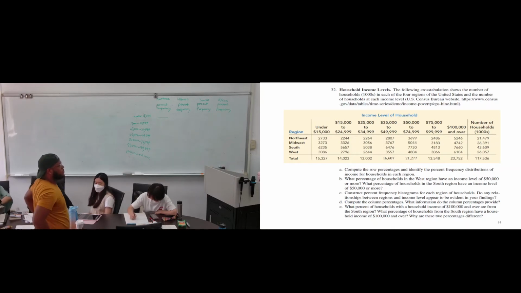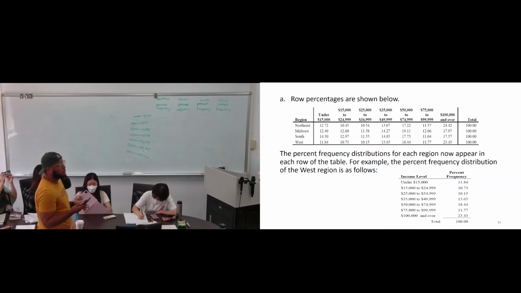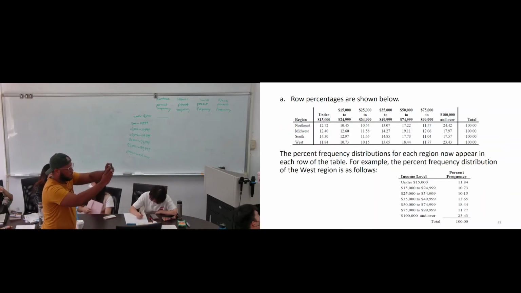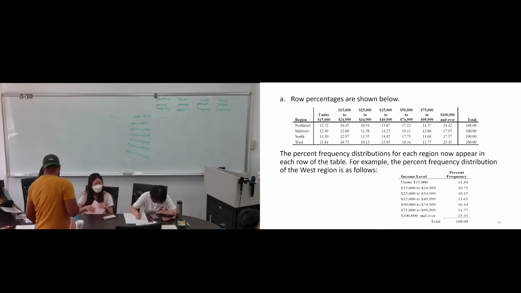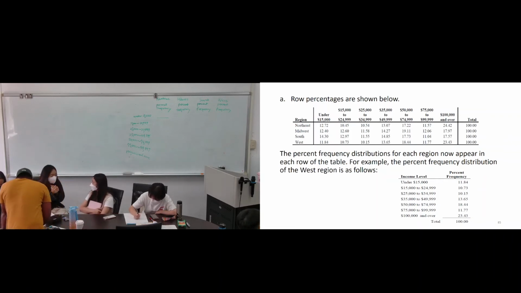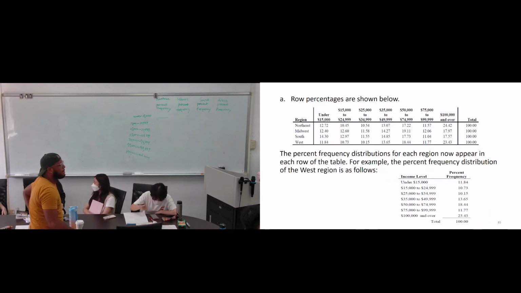You can take a picture of question A. So after conversion, based upon the row percentage, this is the table, and each of the values is a percentage. For the West region, I would like you to present the percent frequency distribution this way, and also for South, Midwest and Northeast.